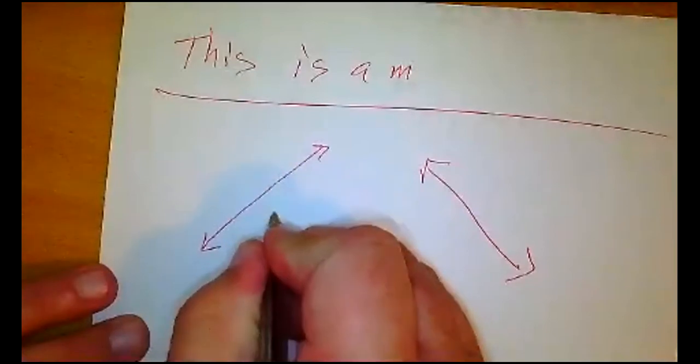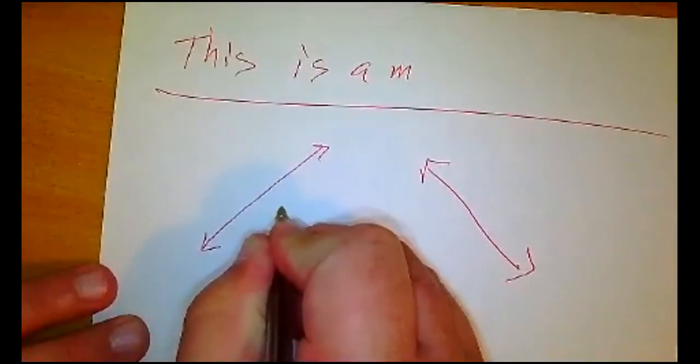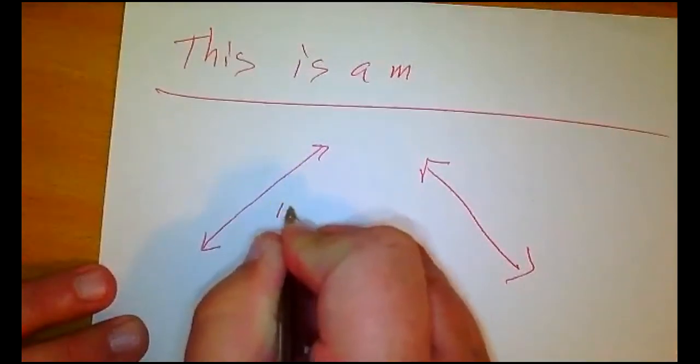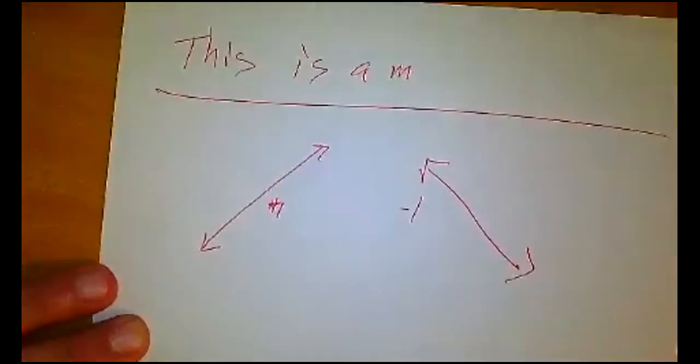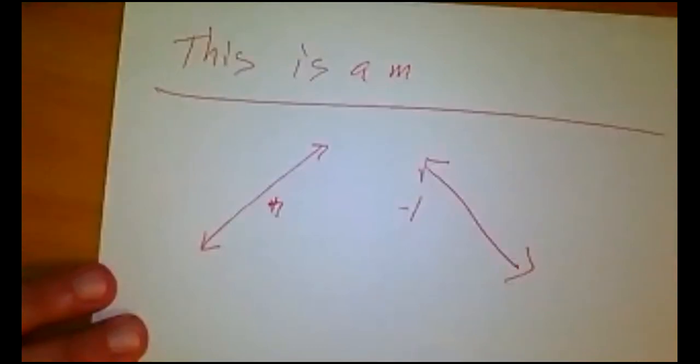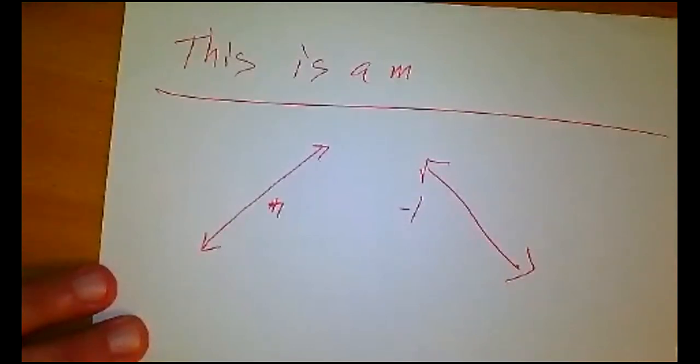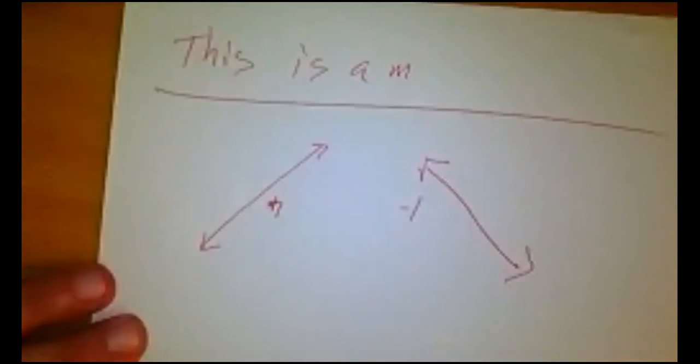So this could be a slope of, say, a positive 1, and this could be a slope of negative 1, which is to say that every time x changes, y changes by the same amount, but it goes down instead of up in value.